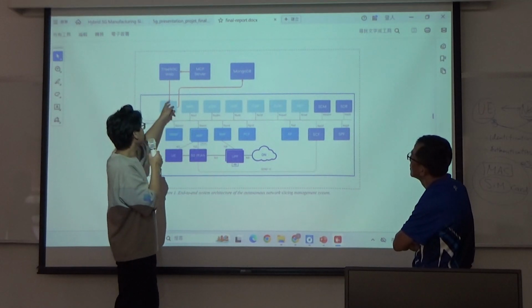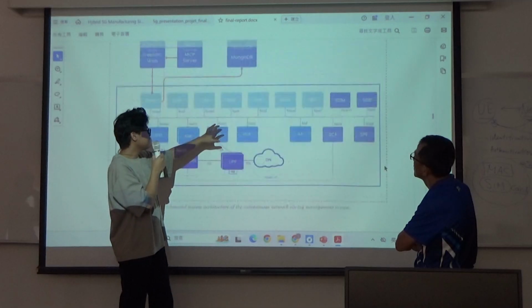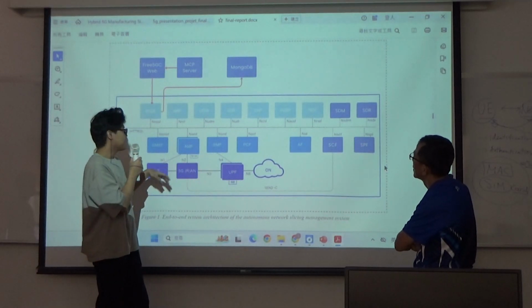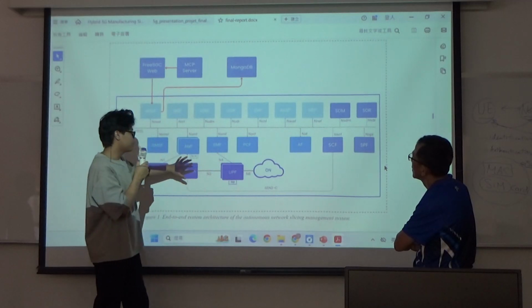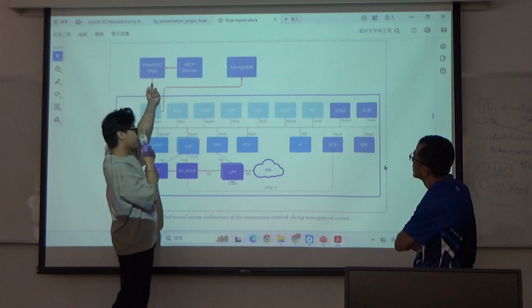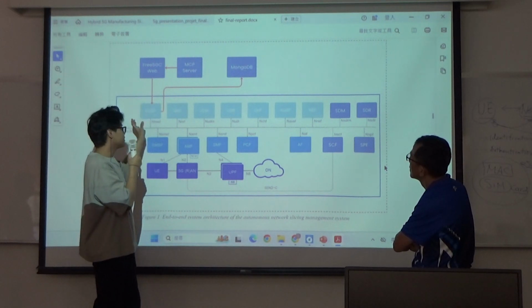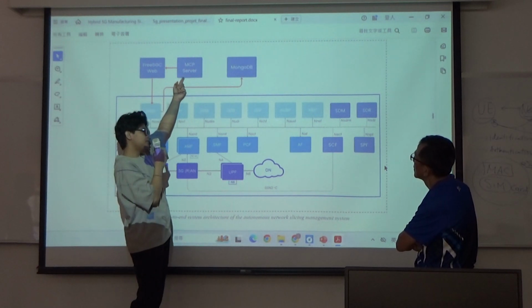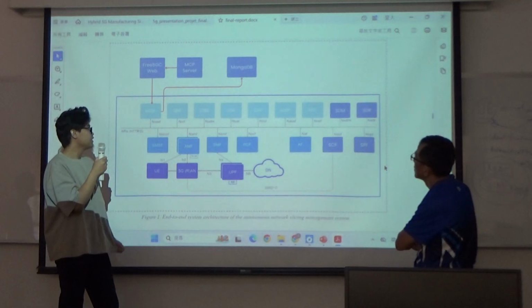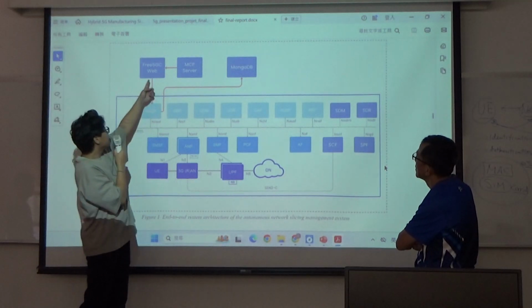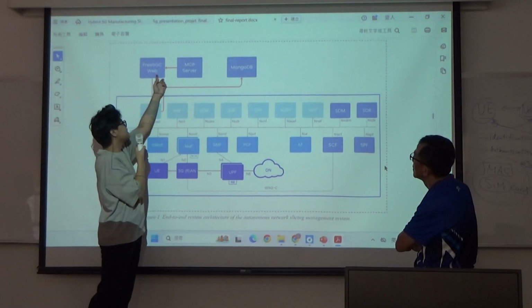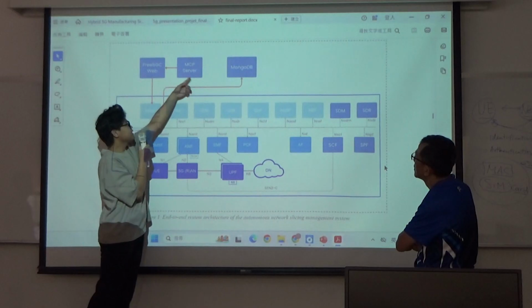And free5GC uses MongoDB in the background, but it's not included in the core network architecture. So this is the web console for subscriber management, and this MCP server also includes the AI agent for the LLM. That's why free5GC connects to the MCP server, because it is calling the LLM from this.